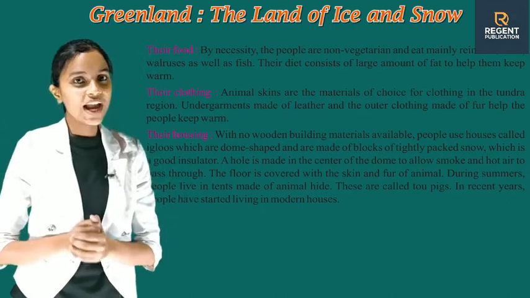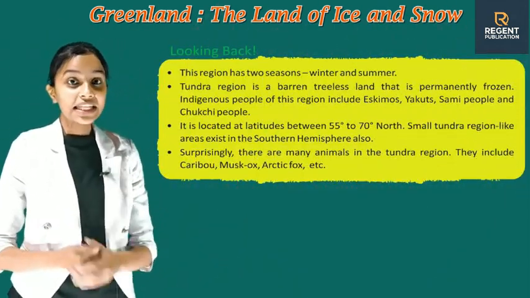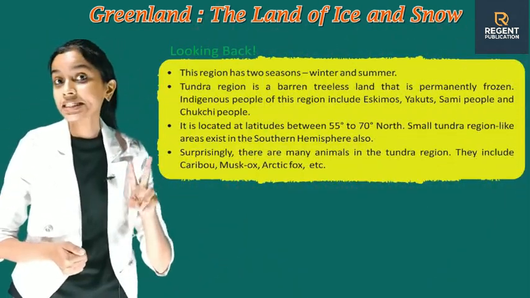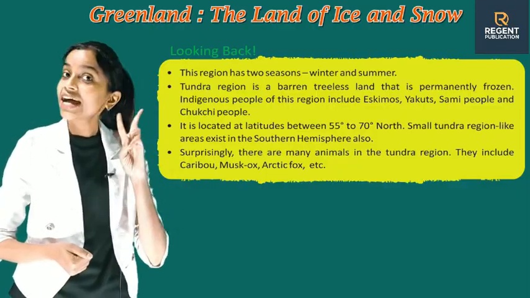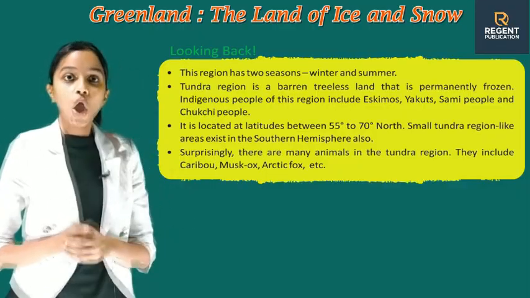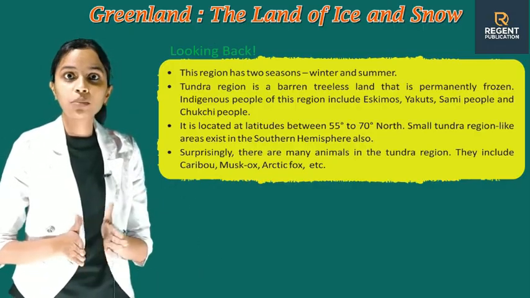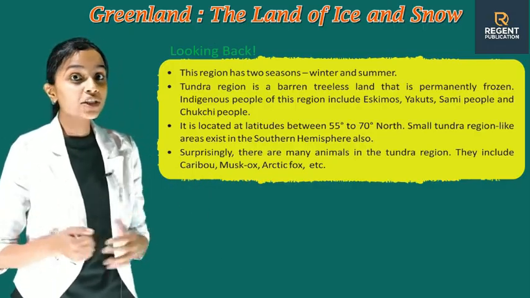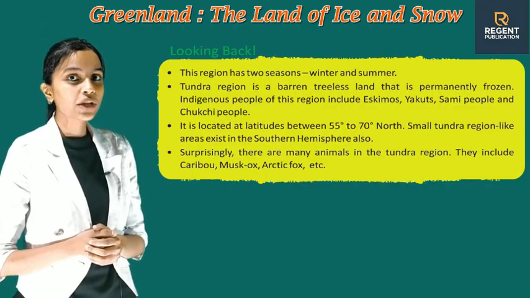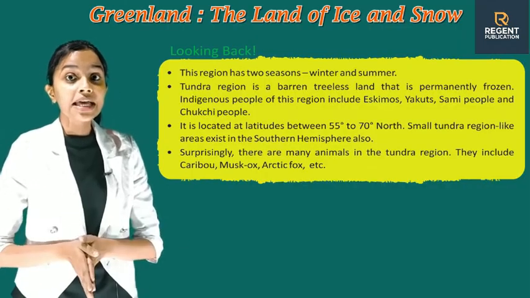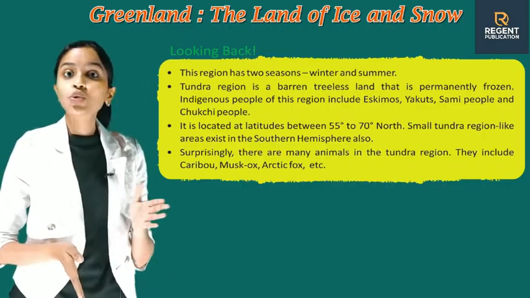Now children, it's time for looking back. This region has two seasons, winter and summer. Tundra region is a barren treeless land that is permanently frozen. Indigenous people of this region include Eskimos, Yakuts, Sami people and Chukchi people.